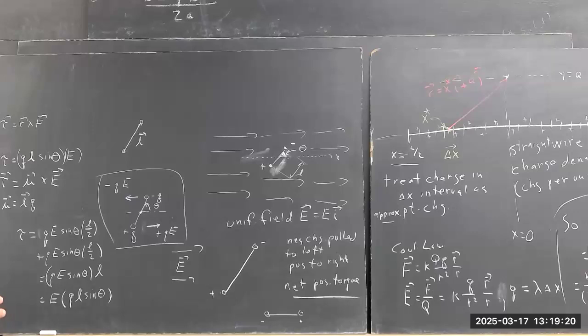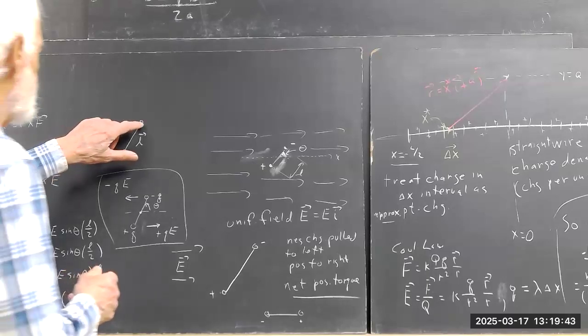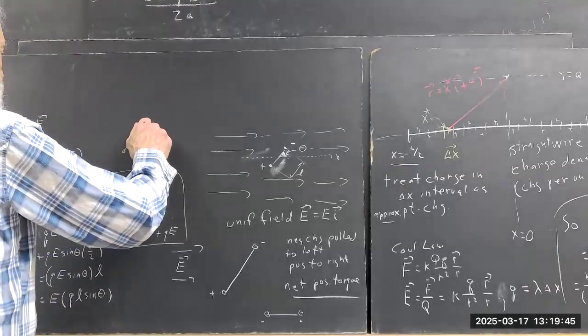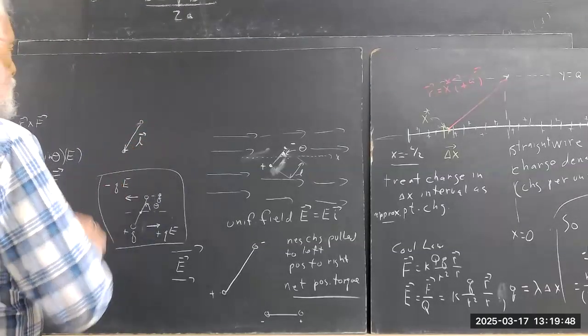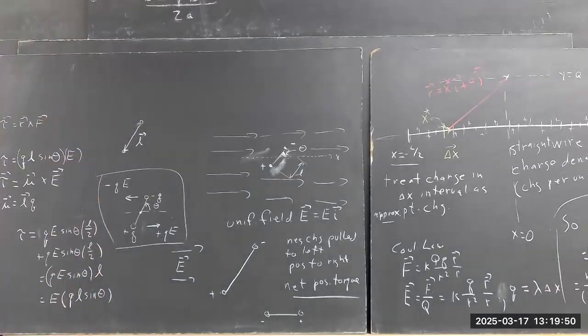If I cross L with E, the only thing I did wrong there is that L has to go from negative to positive. So now when I cross L with E, I get a positive torque.